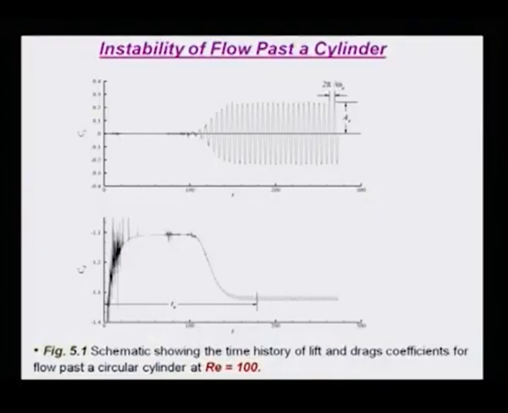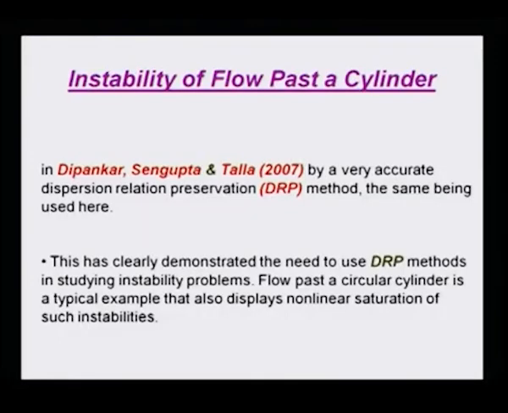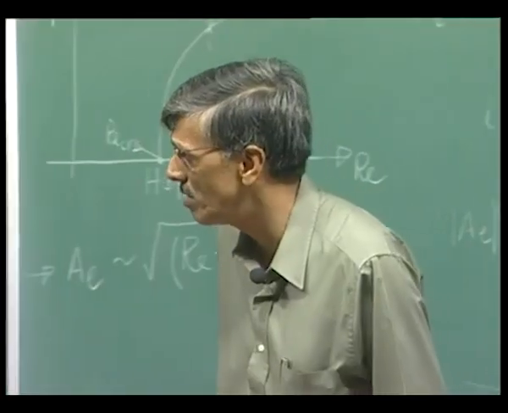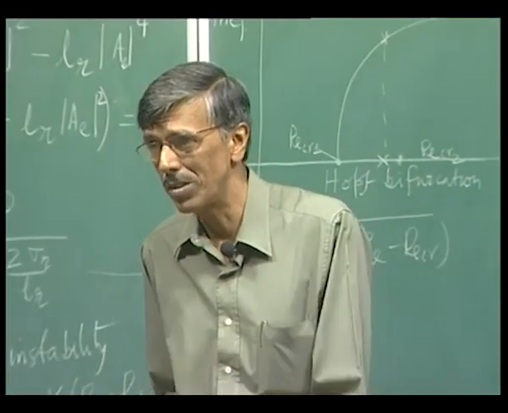Okay. So, this was a post critical Reynolds number calculation result, and we have already talked about the dispersion relation preservation method which we have used. We should actually use all these dispersion relation preservation methods in studying instability problems, because we have by now convinced ourselves that instabilities are governed by the dispersion relation.